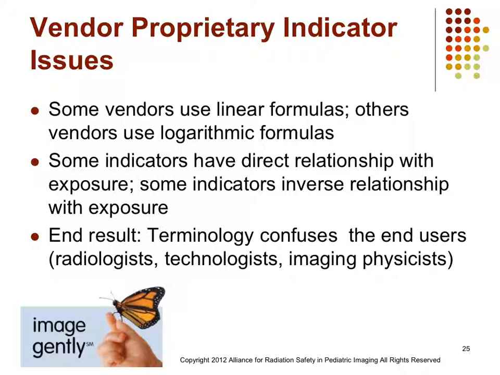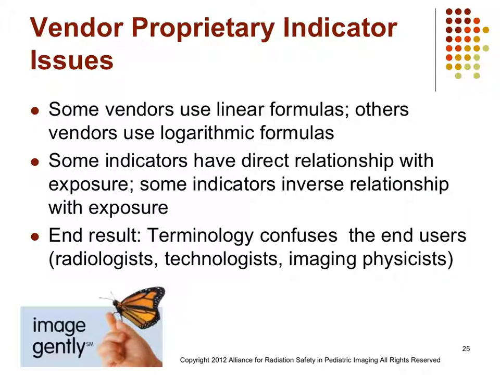So that means at certain points, a very small deviation may make a very big difference in terms of patient exposure and what those numbers mean. So it is important to recognize what some of those differences look like, but it's more important to understand that each vendor has their own proprietary exposure indicators. Again, some have direct relationships and others have inverse relationships.